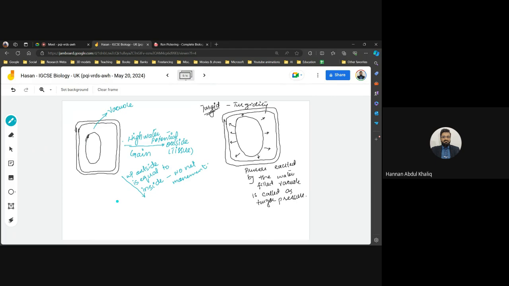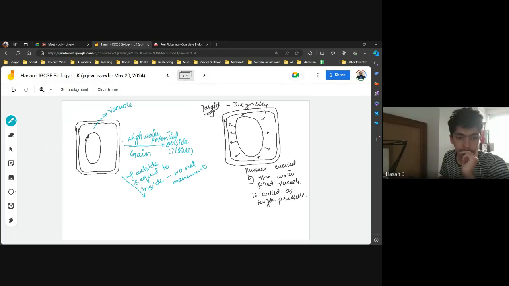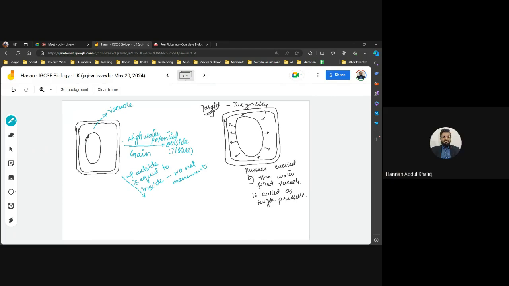According to the principle, the water is supposed to move from higher to lower water potential, isn't it? But the water potential outside equals inside, meaning there should be no net movement of water. In this case, the plant wants to take up water. What would it do? Now please listen very closely.